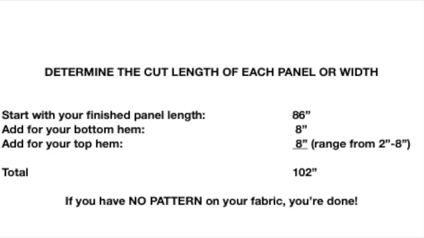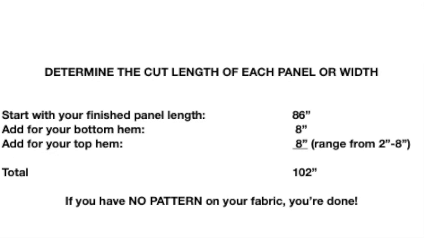On full-length drapery panels like this, you're going to want to make a double 4-inch bottom hem, so add 8 inches for that. For your top hem, this is going to range quite a bit depending on the style of your header, or the top of your drapery. It can be as little as 2.5 inches if you're just doing a little tiny rod pocket on a small cafe rod. But if you're doing any kind of a pinch pleat, you're going to need 8 inches.